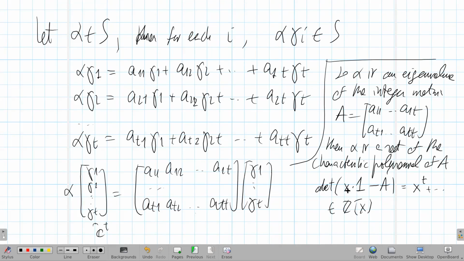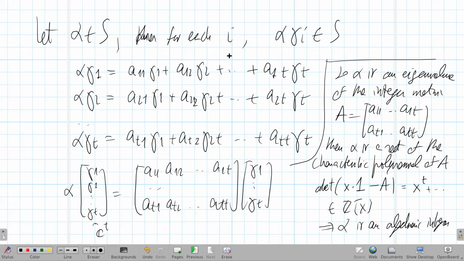Okay, that's clear. If you look at how you develop this determinant, you see that there is an x to the t. So this means that alpha is an algebraic integer.